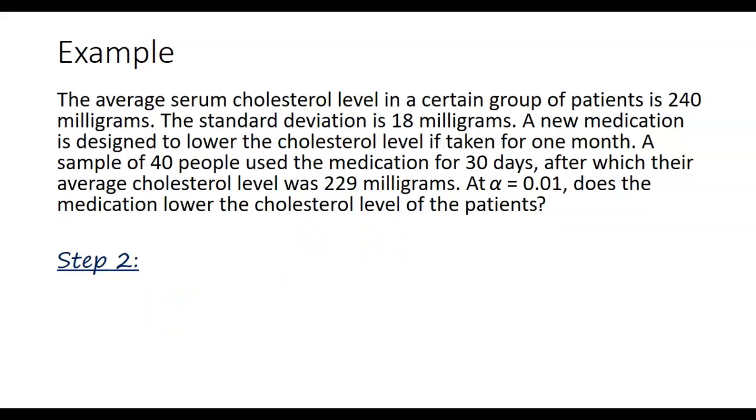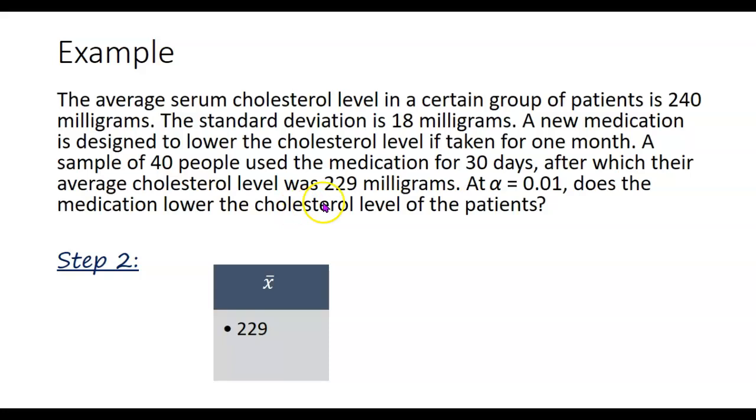Okay, step 2. This is where we compute the test value, and to do that, no matter what method we use, we have to know what numbers we're working with. So x bar, that's your sample mean. Can you see what that is? What's the sample mean? What's the average cholesterol level for the people in the sample? 229.